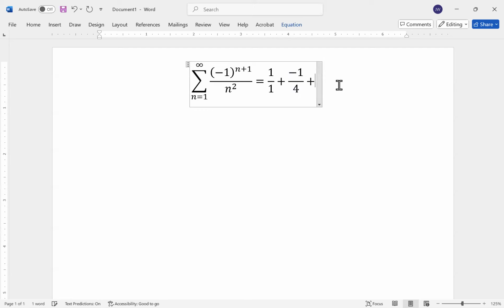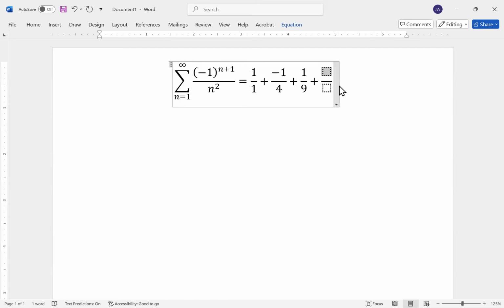When I plug in a 3, I'll get a +1 in the numerator and a 9 in the denominator. When I plug in a 4, I'm going to get a -1 in the numerator and a 16 in the denominator. So the numerators are bouncing back and forth between 1 and -1, and the denominators are the squares.